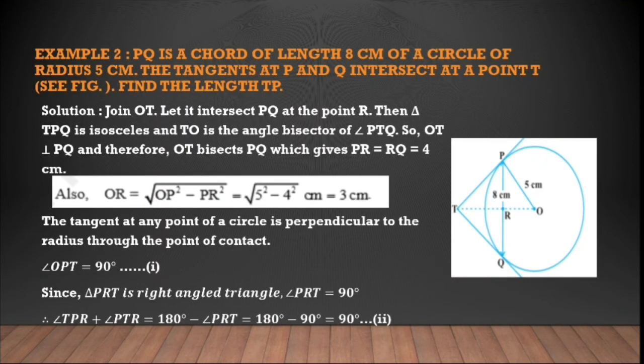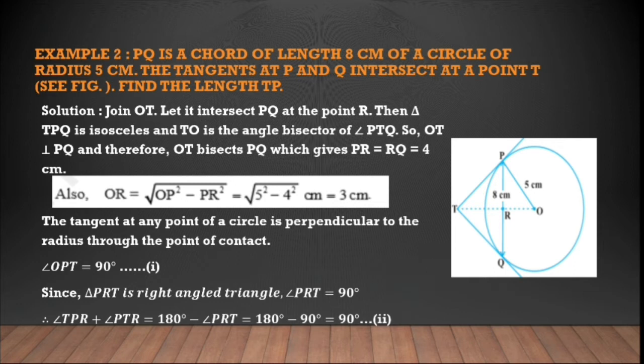Now we'll discuss example number 2. PQ is a chord of length 8 cm of a circle of radius 5 cm. So here in this diagram, this PQ is 8 cm and the radius OP is 5 cm, as given.